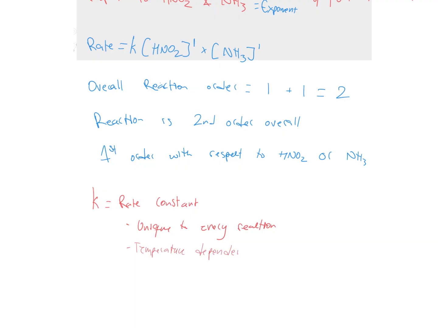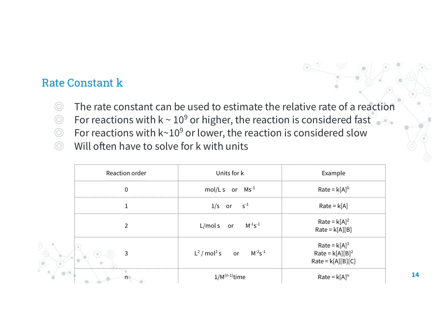So changing the temperature will change the rate constant for a reaction. And so we can use the rate constant to estimate the relative rate of a reaction. If a reaction has a k value of 10 to the 9 or higher, it's considered pretty fast. For reactions with k lower than 10 to the 9, it's considered slow. And we often will have to solve for k with units.